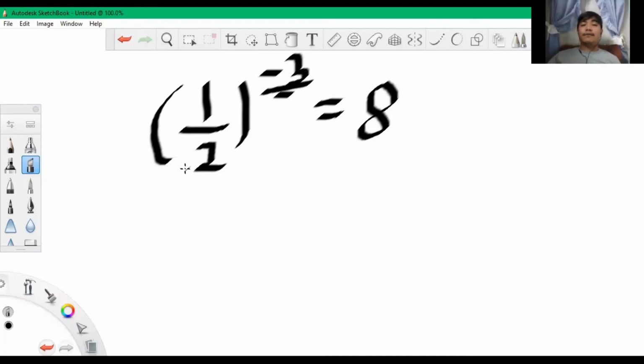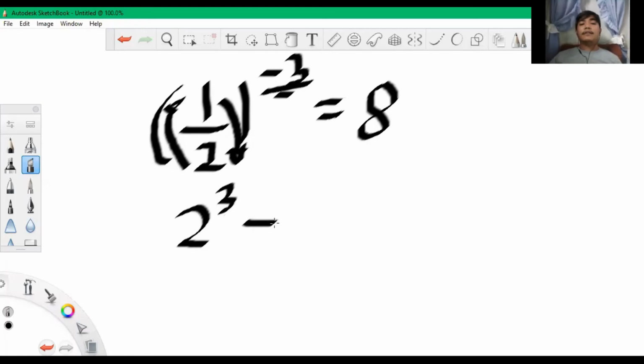And in this case, we have 1/2. Yung nasa denominator ay malilipat sa numerator, and yung nasa numerator ay malilipat sa denominator. So, kunin natin yung reciprocal, and now we have 2 over 1. We can write it as 2 kasi 2 over 1 is also equivalent to 2. Then, dahil kinuha po natin ang reciprocal ng base natin, from negative 3, it will become positive 3 dahil nakuha na natin yung reciprocal.